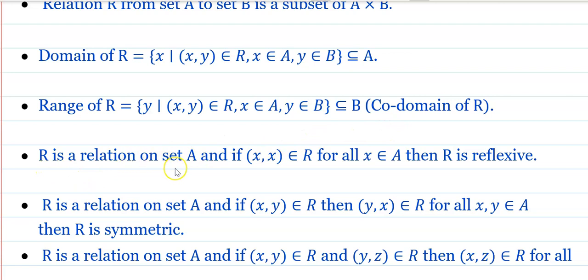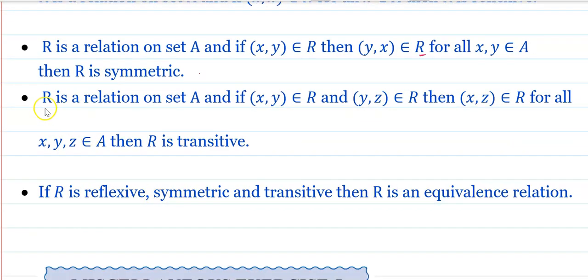If R is a relation on set A, and (x, x) belongs to R for all x belongs to A, then R is reflexive. If (x, y) belongs to R, and then (y, x) belongs to R, for all x, y belonging to A, then we call R symmetric. Next, if (x, y) belongs to R and (y, z) belongs to R, then (x, z) belongs to R, for all x, y, z belonging to A, then R is transitive.